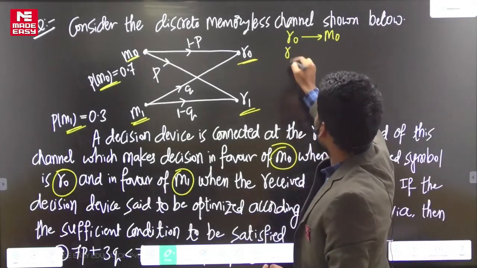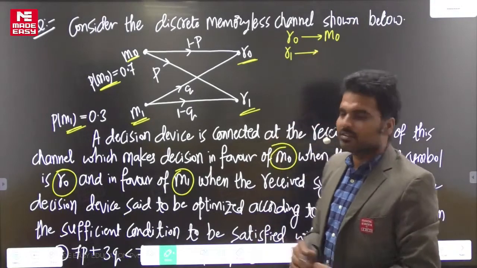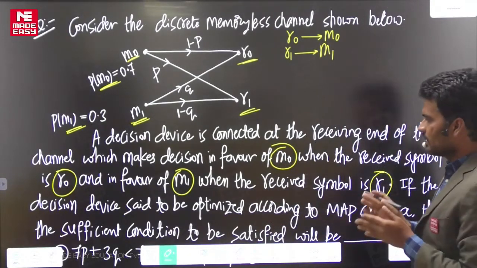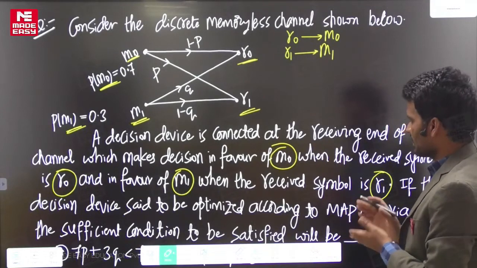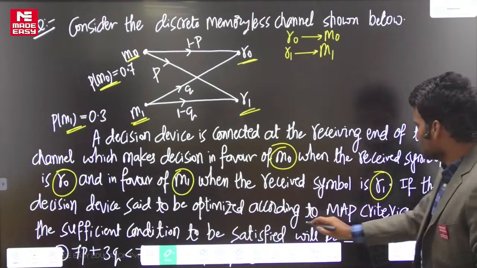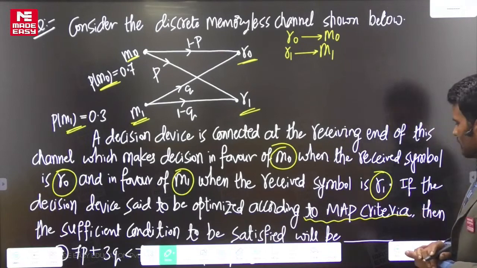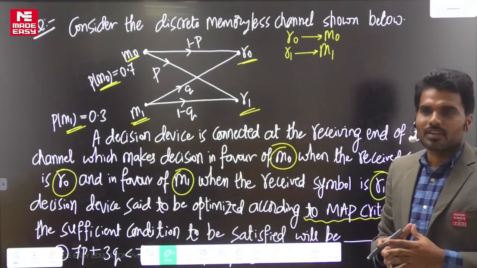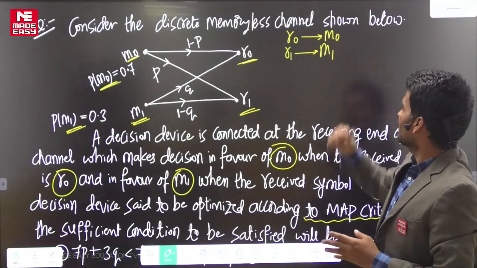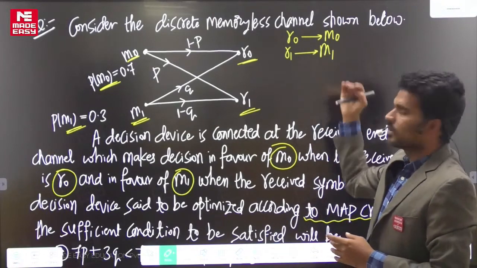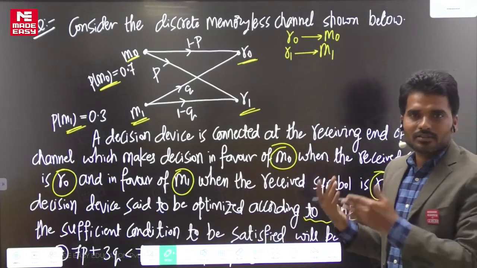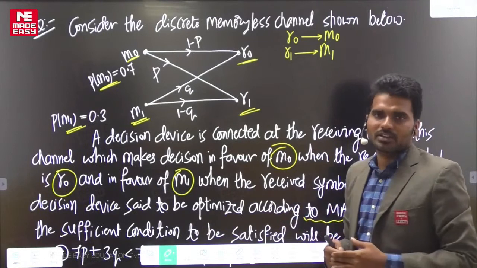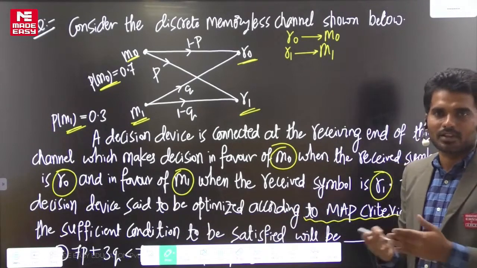So if R1 is received, then the decision will be taken in favor of M1. And the decision device is said to be optimized according to the MAP criterion. So this decision, R0 in favor of M0 and R1 in favor of M1, will be taken by using the MAP decision algorithm.